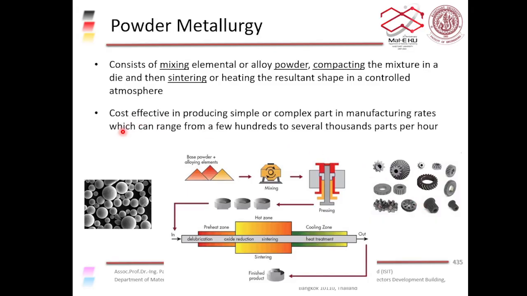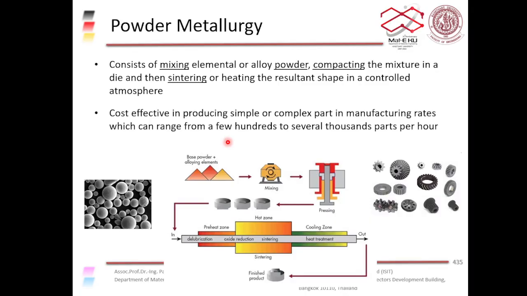It is a cost-effective technique to produce simple or complex parts in manufacturing, and we can produce from a few hundred to several thousand parts per hour. So it is quite flexible.